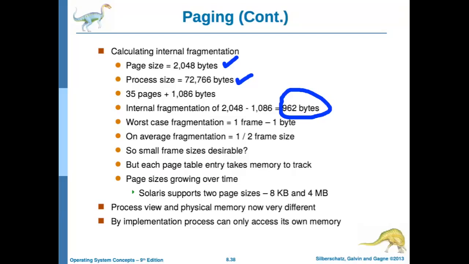If the process is too big, they will allocate from 4 MB. Something like that.